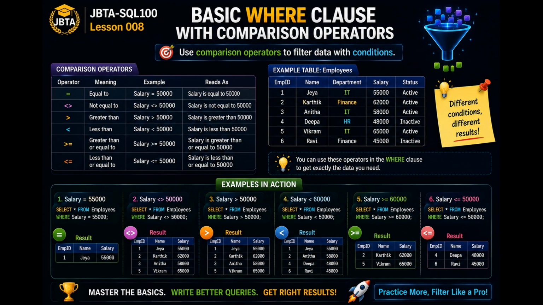exactly equal to it. As you can see from the examples on this slide, simply changing the comparison operator changes the result completely. Although the query structure remains the same, the condition determines which records SQL Server returns. These comparison operators are used every day by SQL developers to search, filter, and analyze data efficiently.